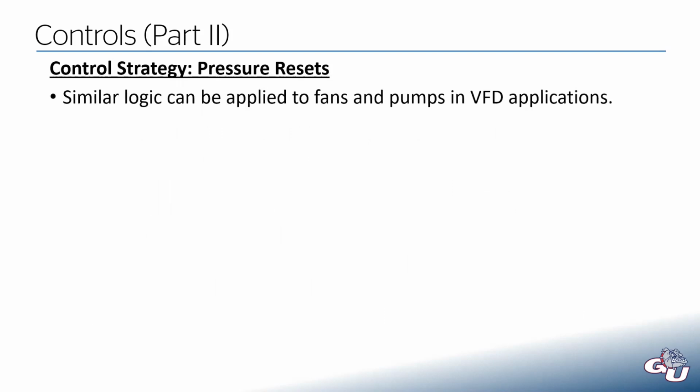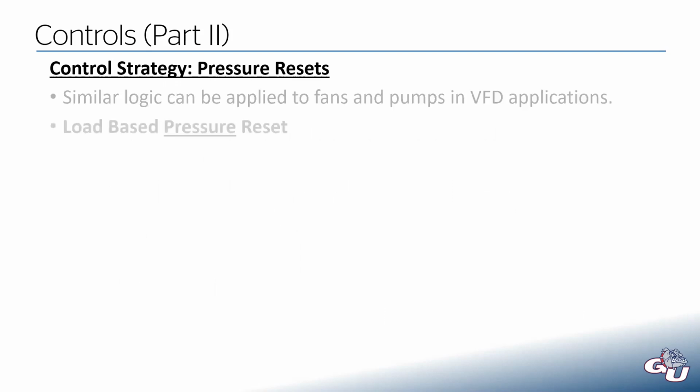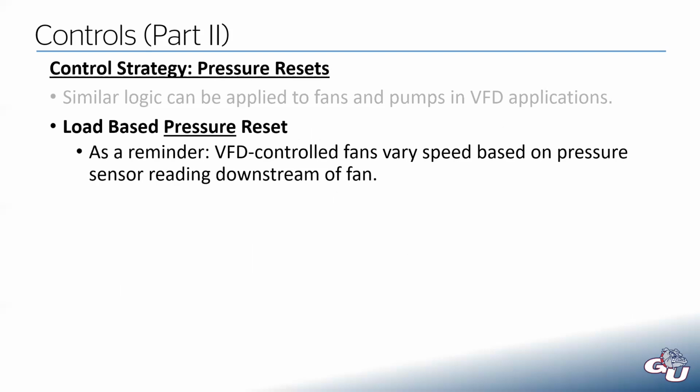And that brings us to pressure resets. We can use very similar logic on fans and pumps if we have a VFD that's controlling them to vary the fan or pump speed. If we had a load-based pressure reset, as a quick reminder, recall how VFDs are controlled.